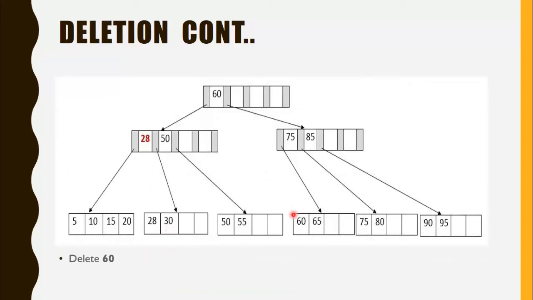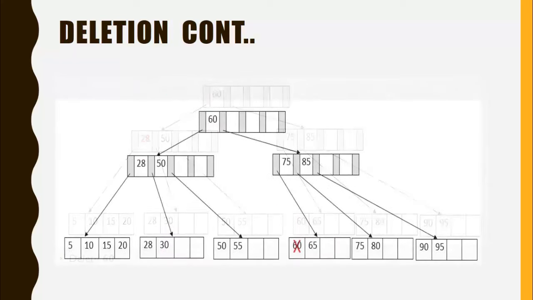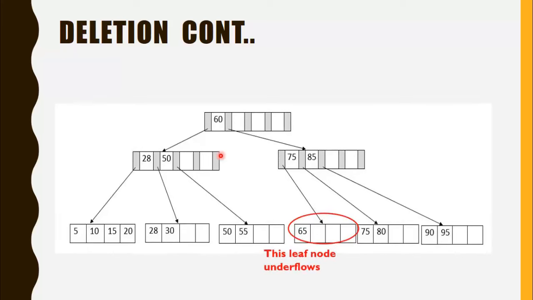Now we will delete 60. 60 is present here and also here. If we delete 60 from here, then this node contains only one element, which is the underflow condition, because it should have a minimum of two elements. So this leaf node is in an underflow condition.